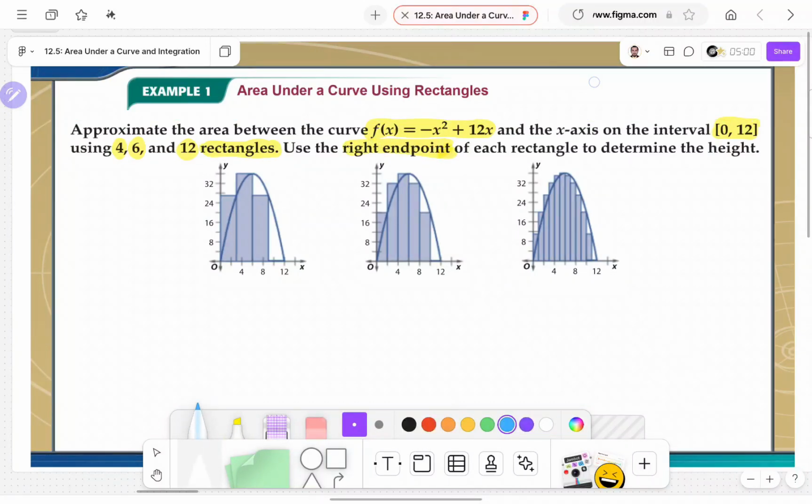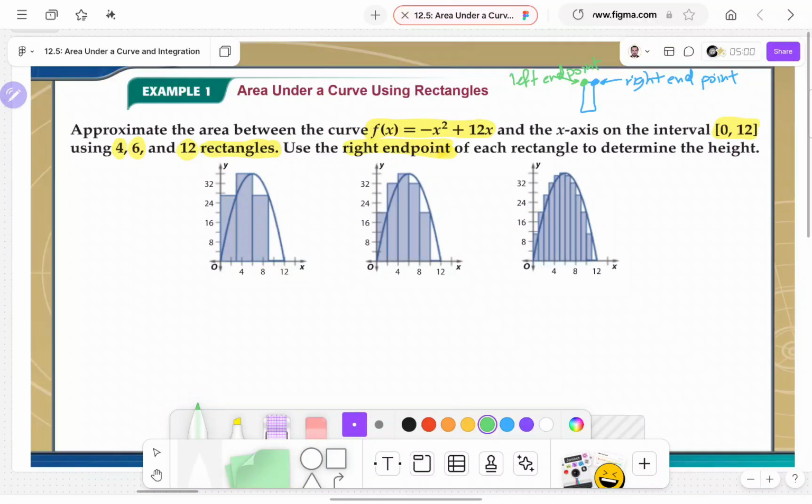What's the right endpoint? This is the rectangle. We know that this point here, the edge, this one here is the right endpoint. On the other side, on the left side, of course this one will be the left endpoint.